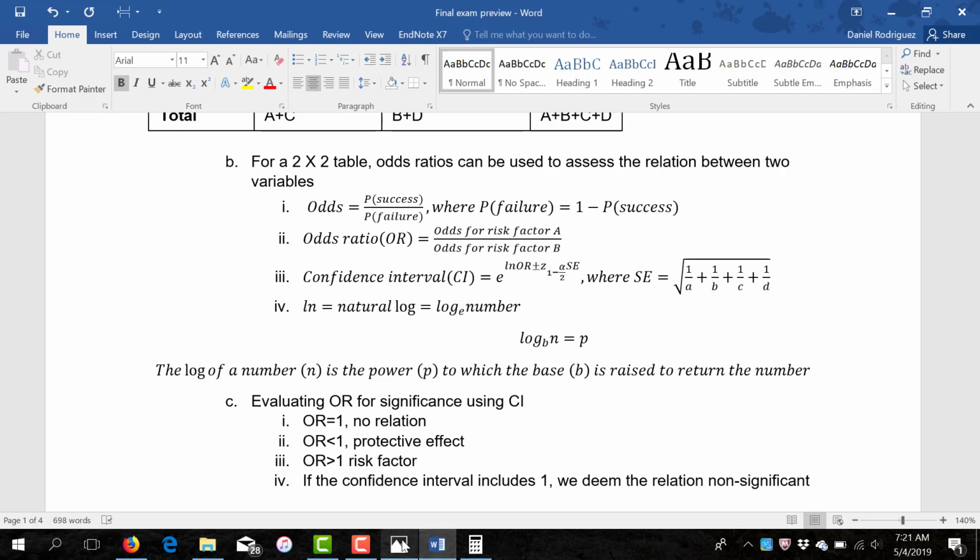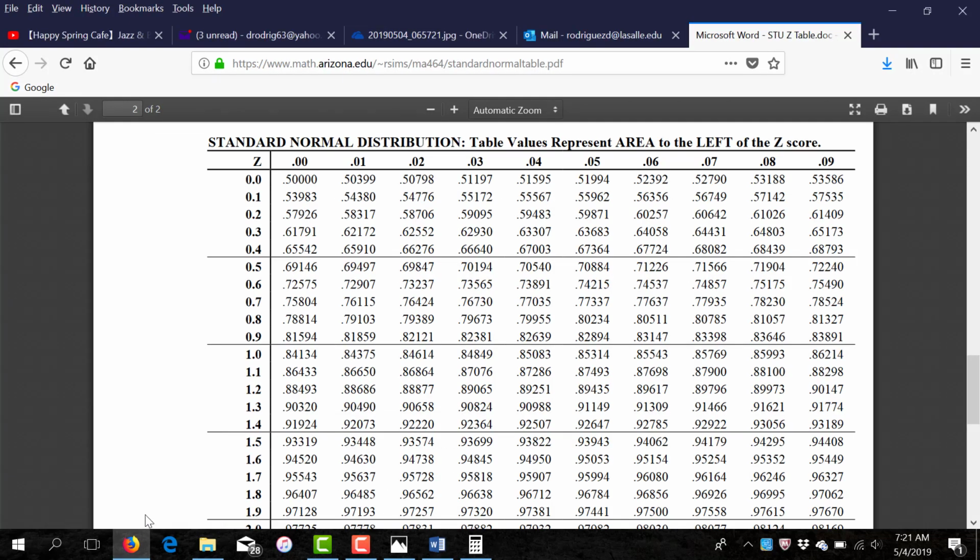So we go to our table here. We look for a z value, and this is a two-tail test. Because we're trying to find the critical value, what's in the body of any of these z tables is the percentage going from left to right.